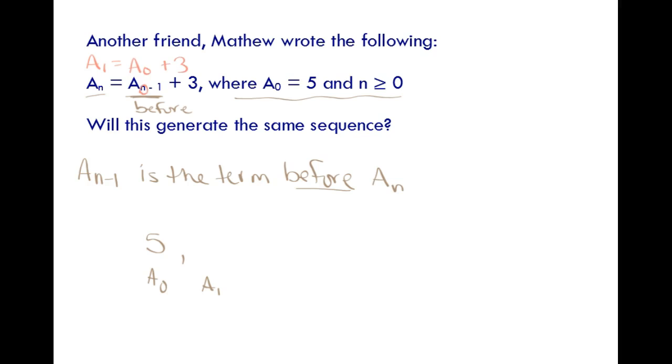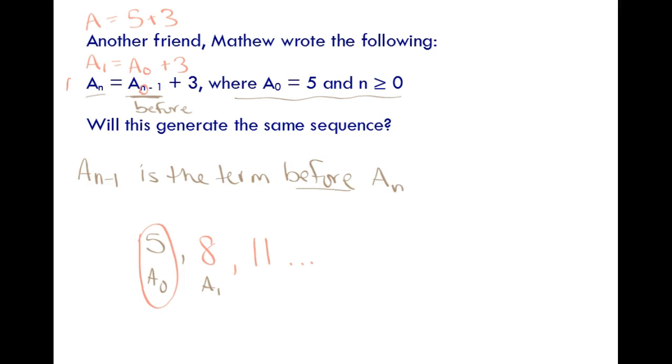Well, normally that wouldn't help, but I know what a of 0 is. It's 5. So what we're really saying is a of 1 equals 5 plus 3, and I get 8. Well, this pattern, once you get that set, you understand what's going to keep happening. Now I'm going to have to add 3 again. I'm going to get 11, and so on. And I do get the same pattern.